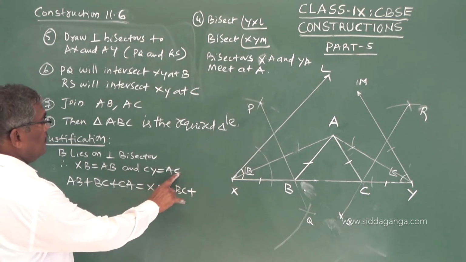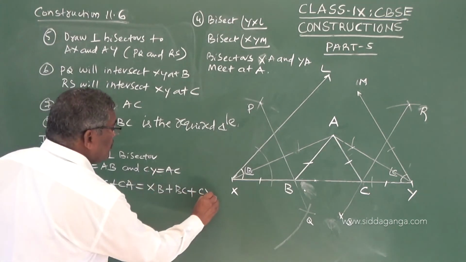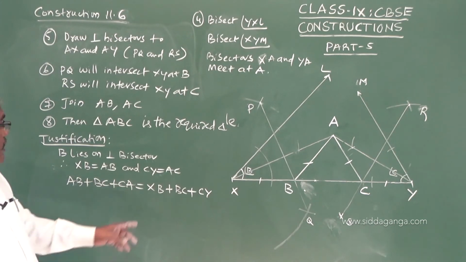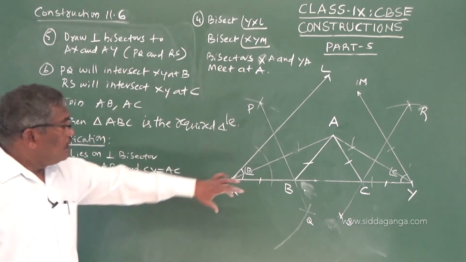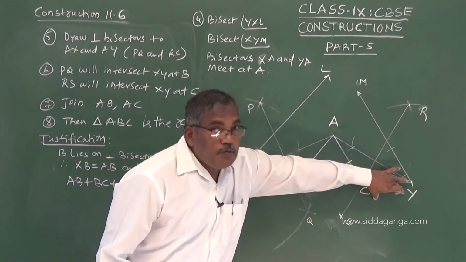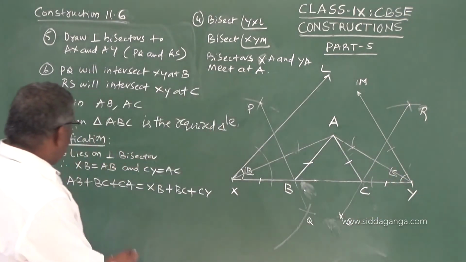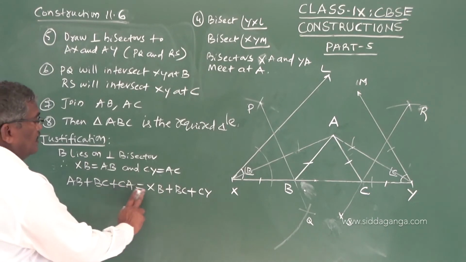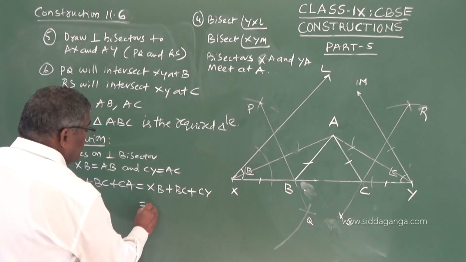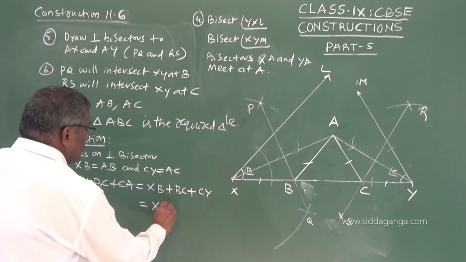CA is nothing but CY. Now, you can see here XB is this portion, BC is this portion, CY is this portion. So therefore, AB plus BC plus CA is equal to XB plus BC plus CY. This is nothing but XY.